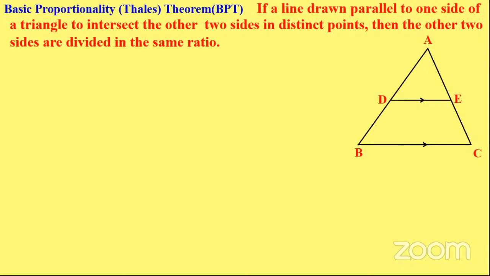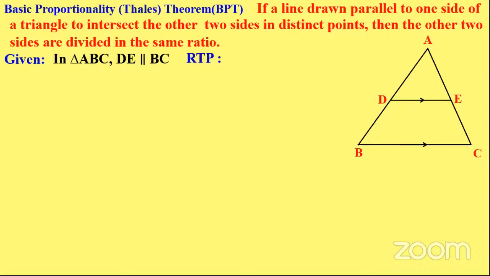DE is parallel to BC. AB and AC are divided by the line DE in the same ratio. So first, given: triangle ABC, DE parallel to BC.